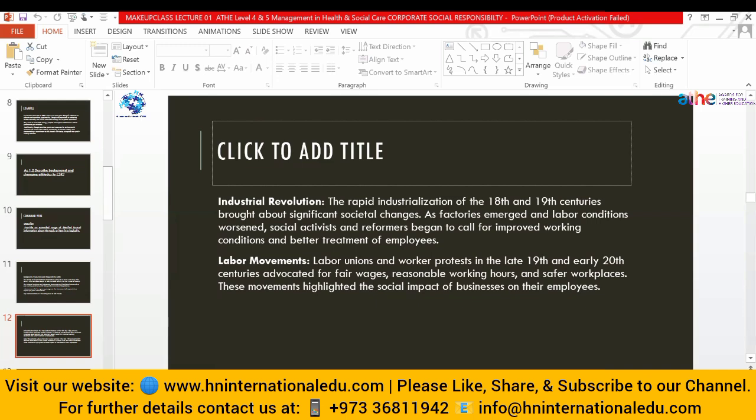And the worker protest in the late 18th, 19th, and early 20th centuries advocated for fair wages, reasonable working hours, and safer workplaces. After this amendment, it was viable for each and every developed nation to pay you with a per hour wage rate. That is what we face in UK and Canada and America too. These movements highlighted the social impact of businesses on their employees.